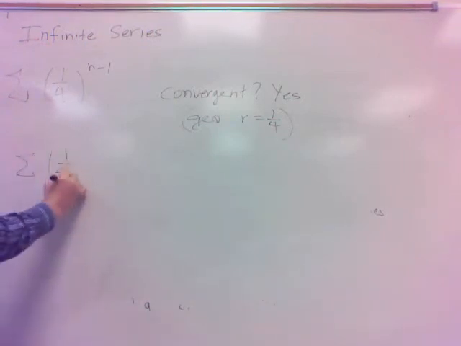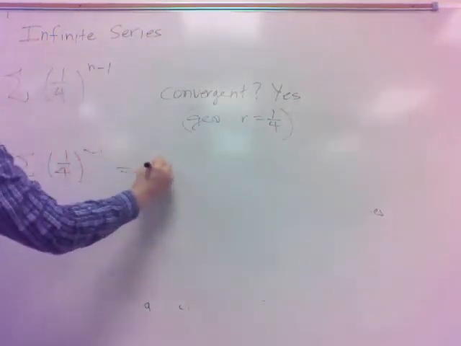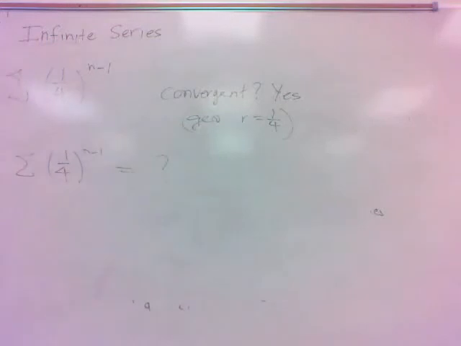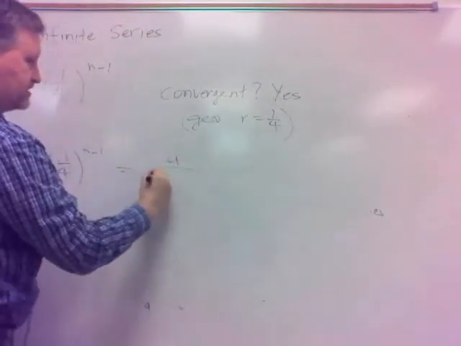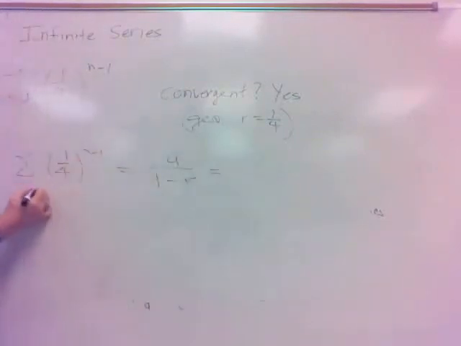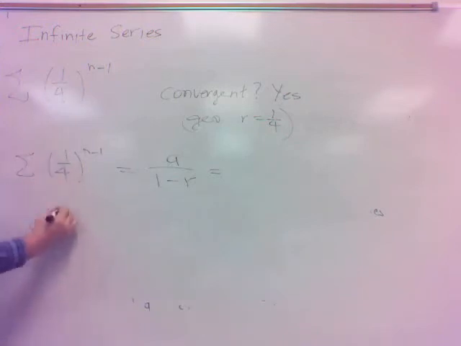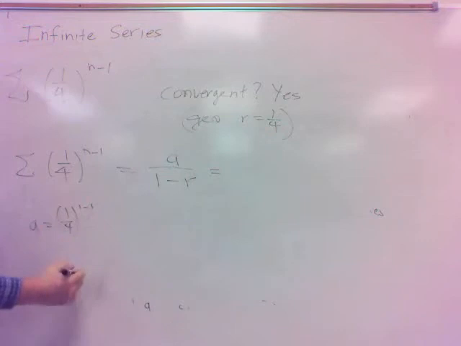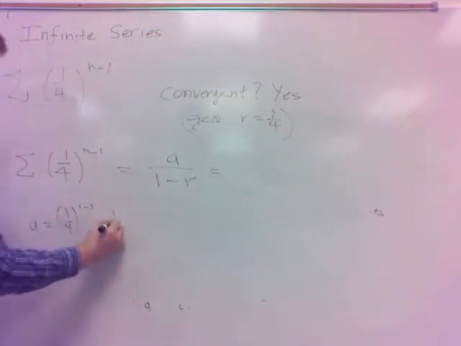Well, for (1/4) to the n minus 1, what that actually equals, by using the formula, is A over 1 minus R. A is the first term, and there's no index given here, so it starts at 1. So the first term is going to be (1/4) to the 1 minus 1 power, which is (1/4) to the 0, which is 1.